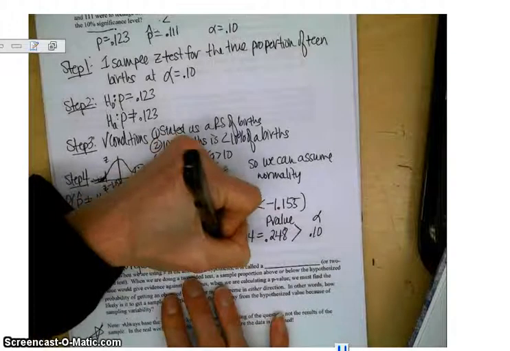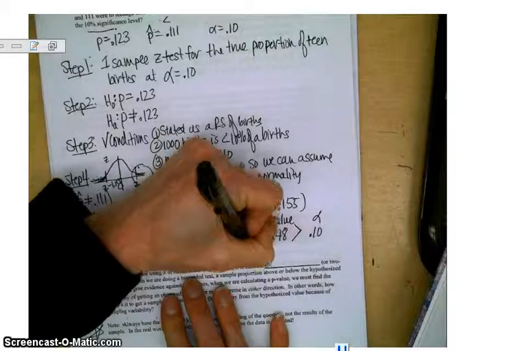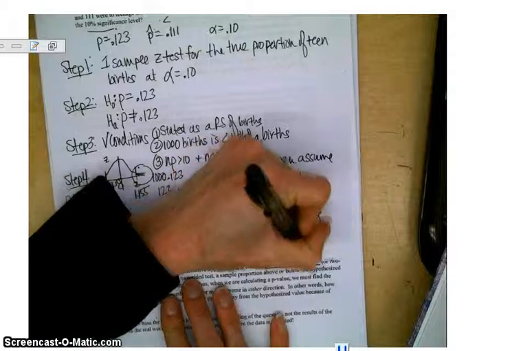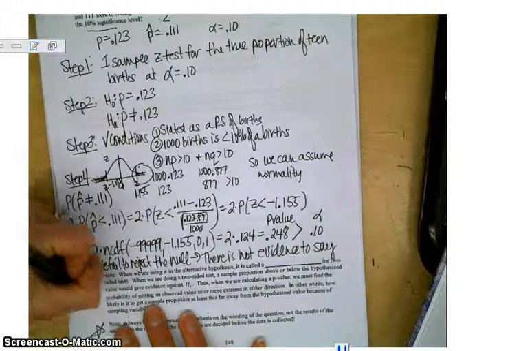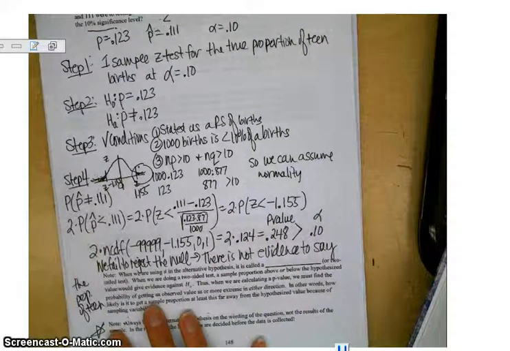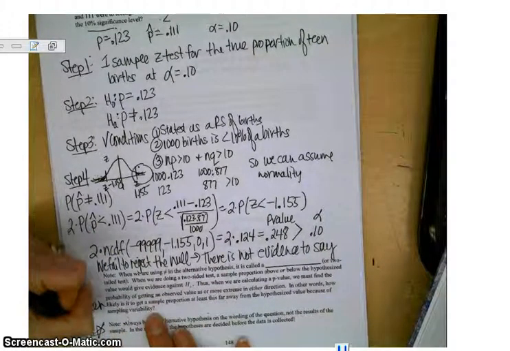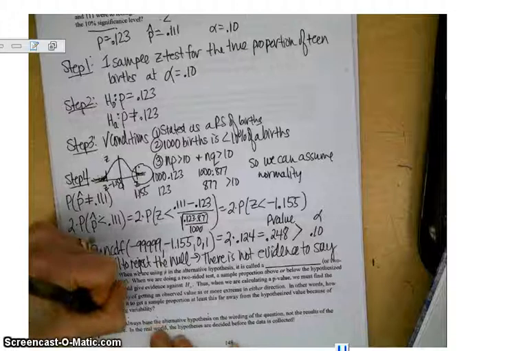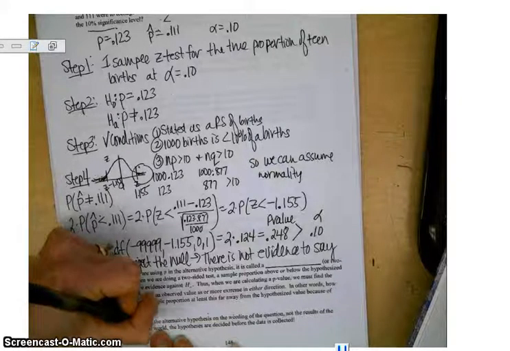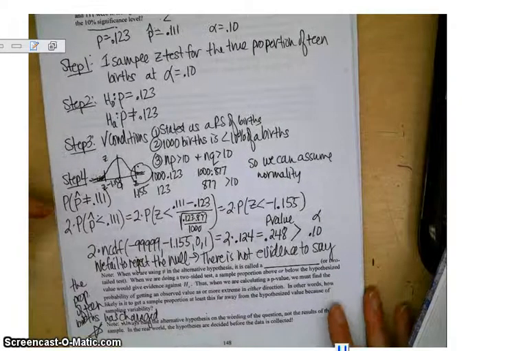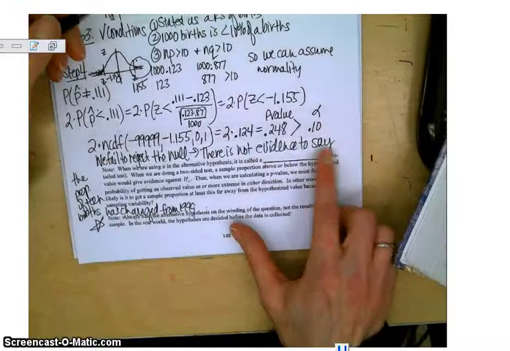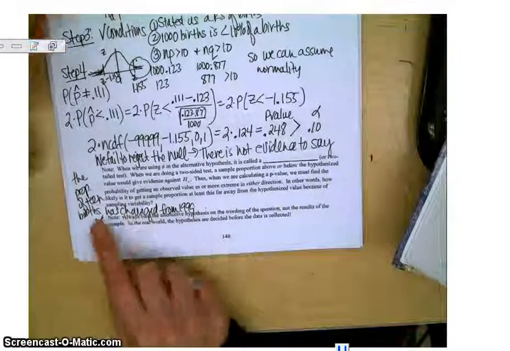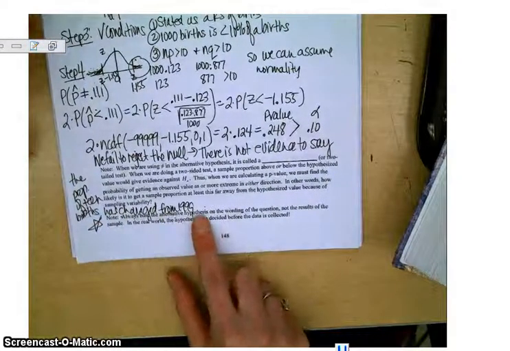There is not evidence to say the proportion of teen births has changed from what it was in 1999.